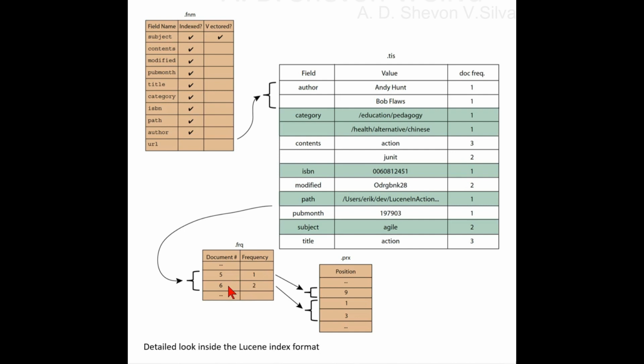Our contents field is the aggregation of title, subject, and author. The frequency of a term in a document factors into score calculations and typically boosts a document's relevance for higher frequencies.